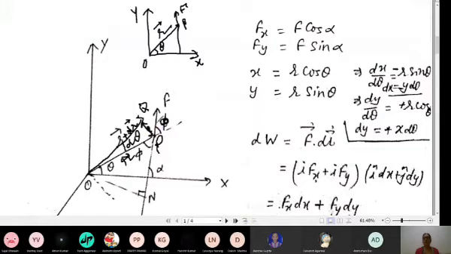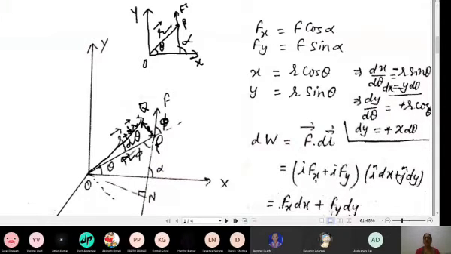Now this is the force applied, F. F is the force applied which is making an angle alpha with the x-axis. If I extend this line of the force, I'm joining it with the x-axis. This is making an angle alpha.